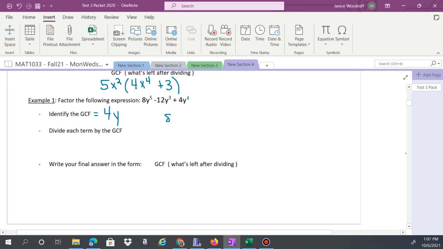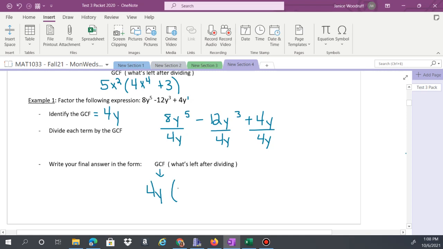Then we're going to take this expression and divide each term by the GCF, 4y. So we write our GCF down here. Then we start a parentheses for what's left.